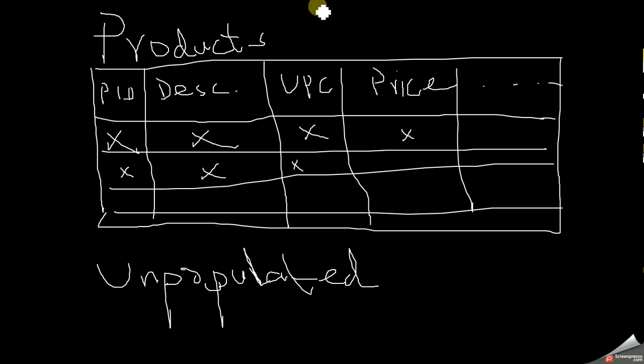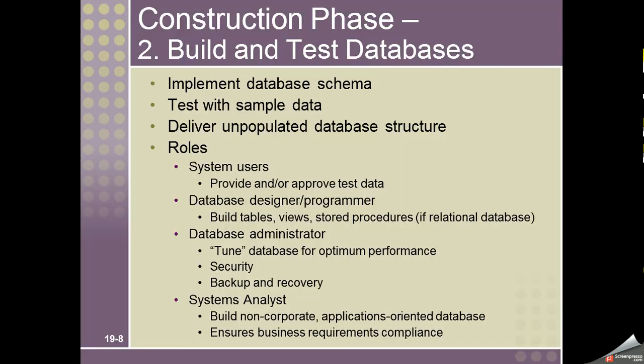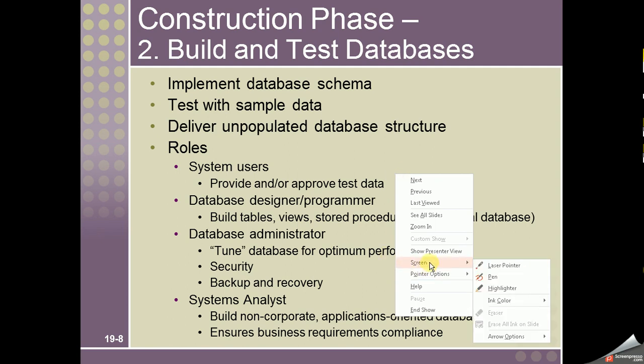We have the structure, but we do not have any records. So this stage will deliver an unpopulated database structure, right?